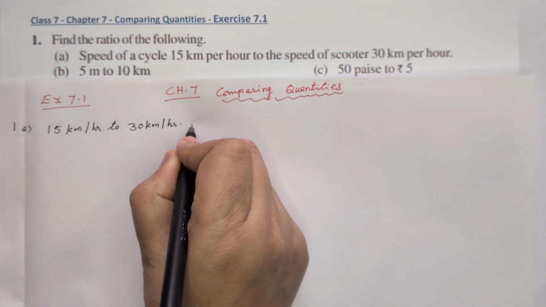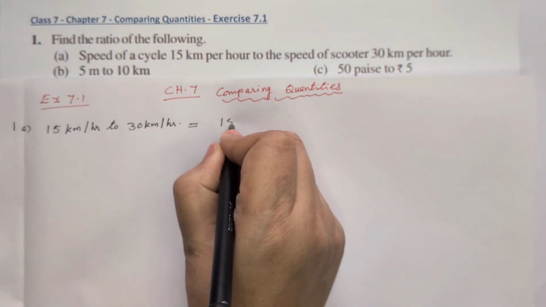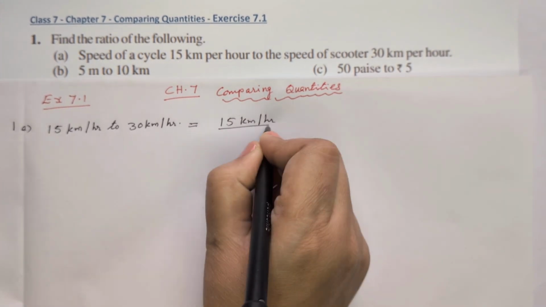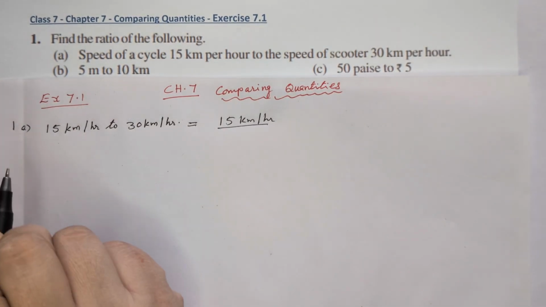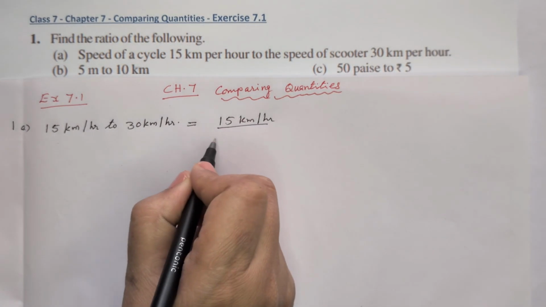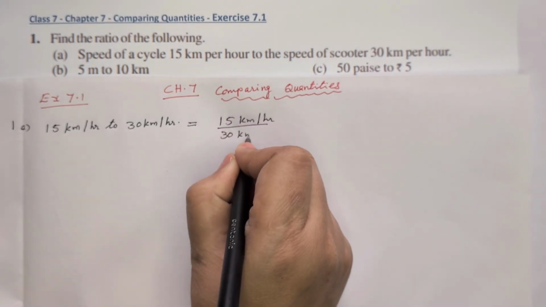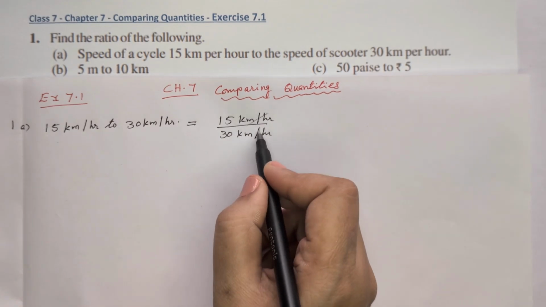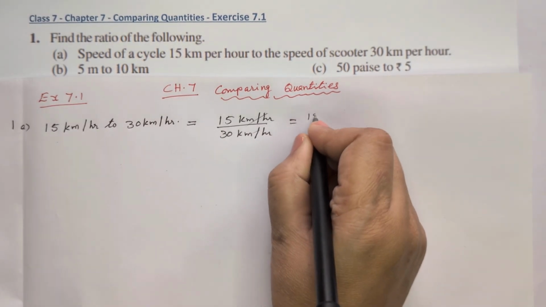When we are writing that in the fraction form, it is equal to 15 kilometer per hour divided by 30 kilometer per hour. The term before 'to' is the numerator, and the term after 'to' will come in the denominator. Here units are the same, so no need to consider that. 15 by 30.